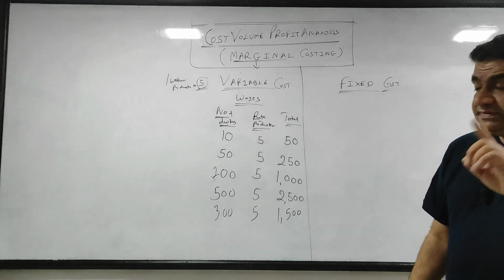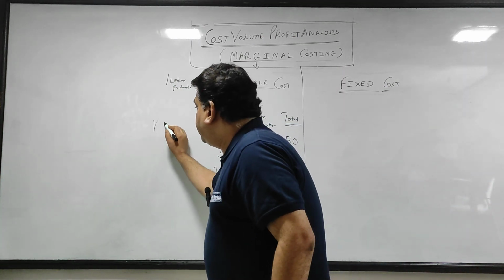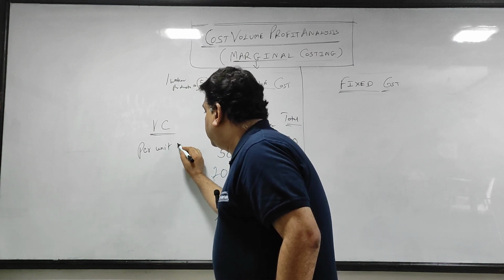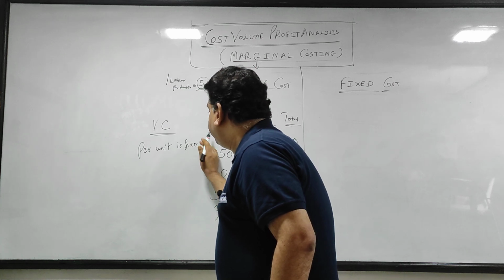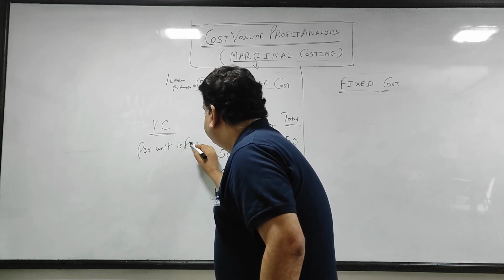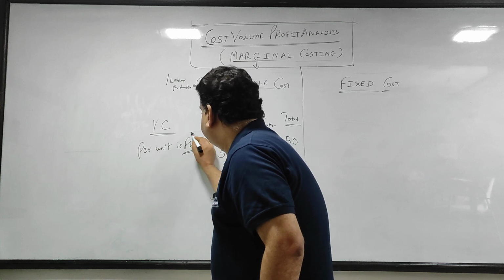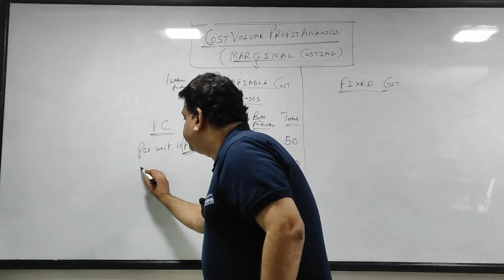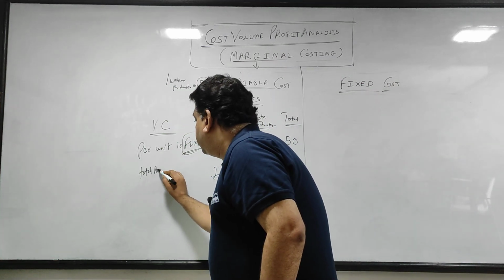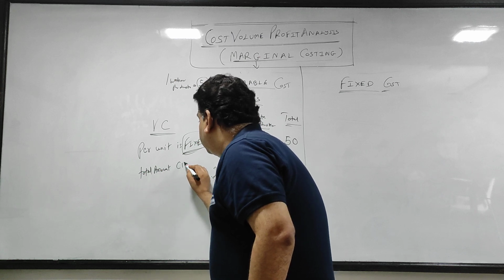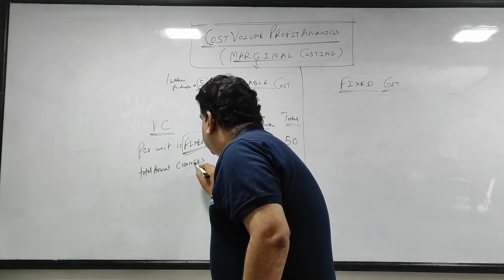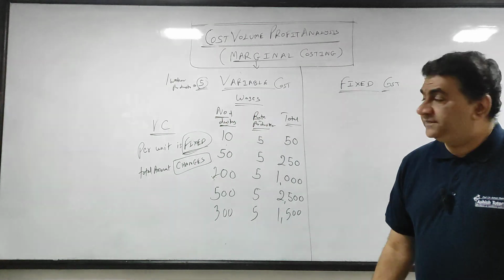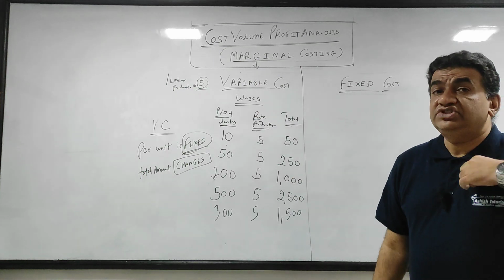Now keep this important point in mind. In case of variable cost, per unit is fixed, and the total amount changes.